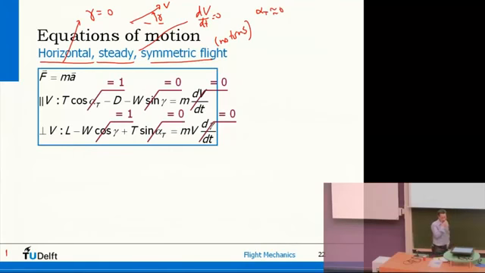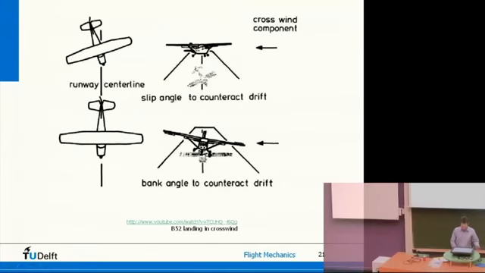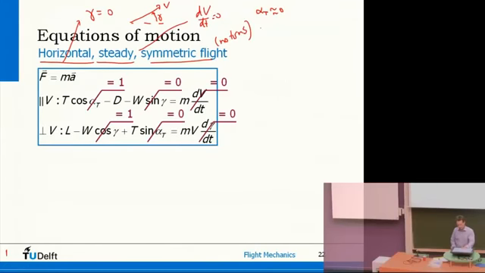So cosine of alpha t becomes 1, the sine of gamma becomes 0, dV/dt becomes 0. We don't have a change of flight path angle with time. So since gamma is 0, that term is also 0. The cosine of gamma is 1, and the sine of alpha t is 0.